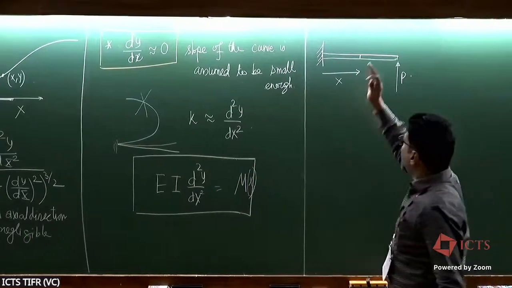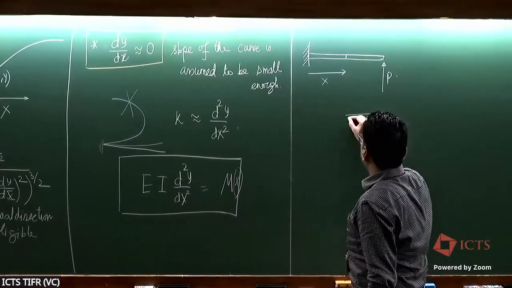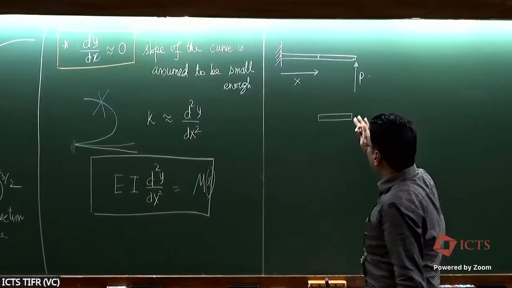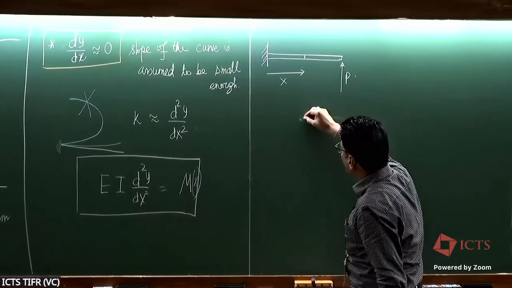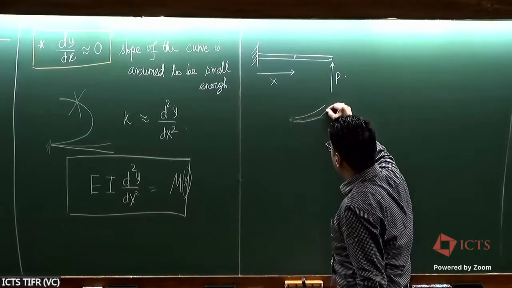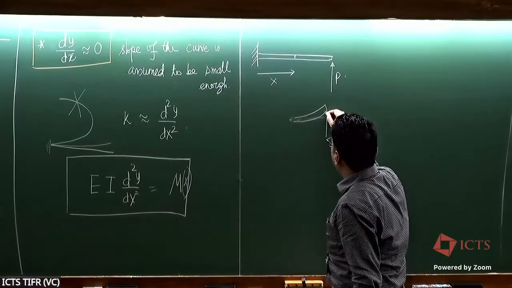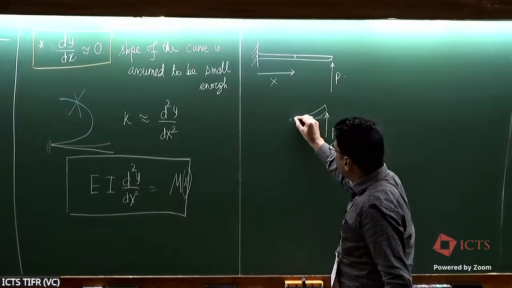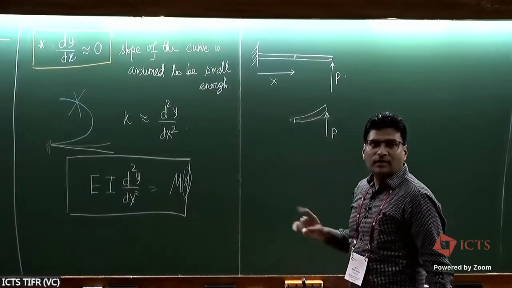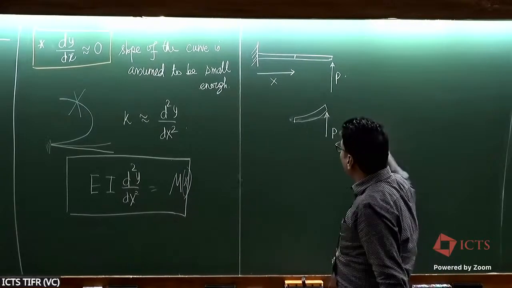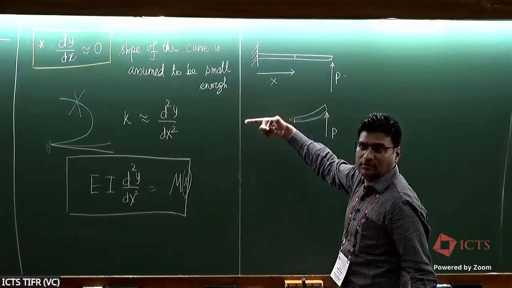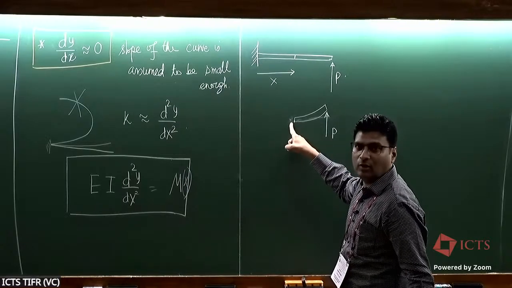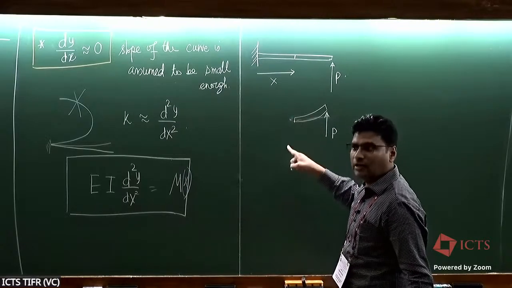So you cut a section here and look at the beam. The beam would have, of course, deformed actually. It would have gone like this. You have this P here. And when you cut the section here, this section has got a normal in the negative direction. So the shear force and bending moment that you will see here will also be pointing in the negative direction.